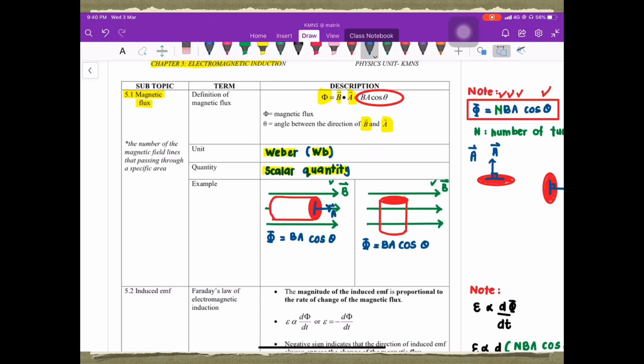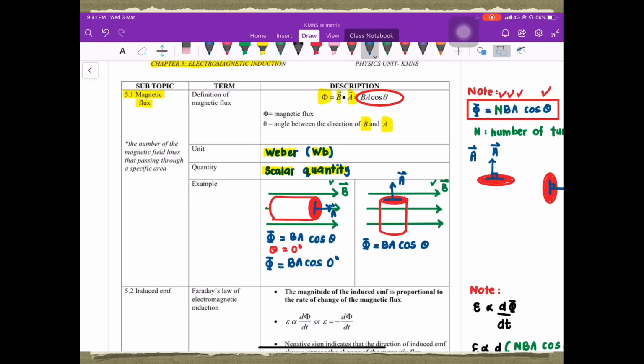This is A. Same with the second diagram. This is vector A. Now look at the angle between vector A and vector B: vector A here and vector B here. The angle between them is 0. Therefore, when we want to calculate magnetic flux, it is BA cos 0.